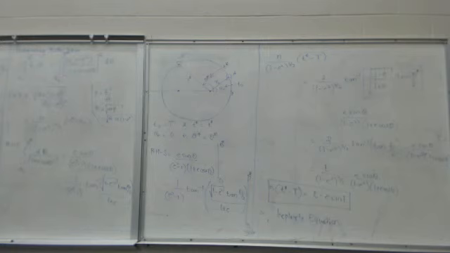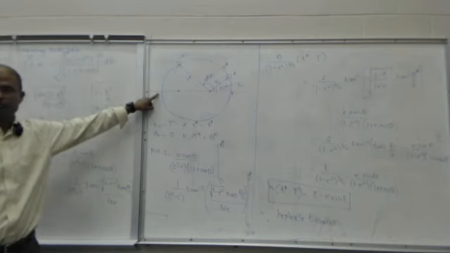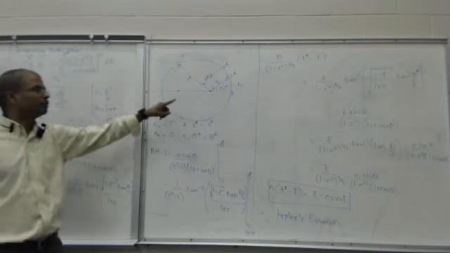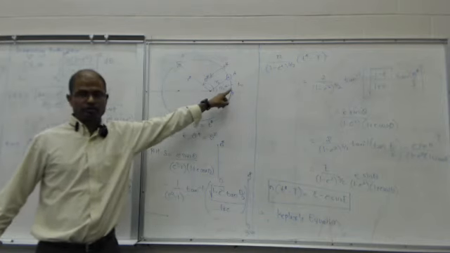Orbiting body would be here, right? For E equal to pi, it has to be here. You think about it. If E equal to 0, capital E, I'm talking about capital E, it has to be here, right?